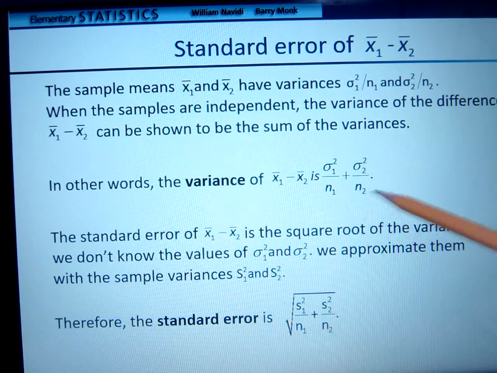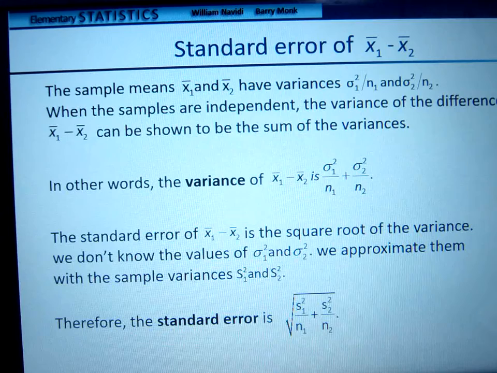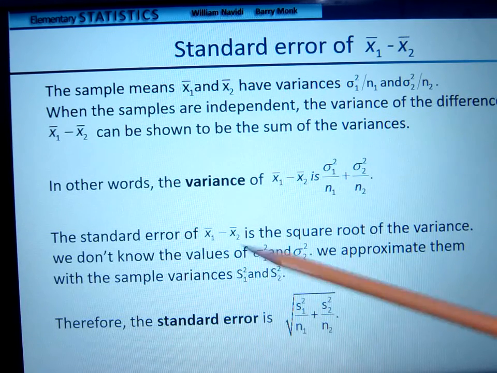So n sub 1 and n sub 2 just means they're the two different groups. The standard error of x bar sub 1 minus x bar sub 2, or the difference between the sample means, is the square root of the variance. We don't know the values of variance sub 1 and variance sub 2, but we approximate them with the sample variances from the samples we drew.